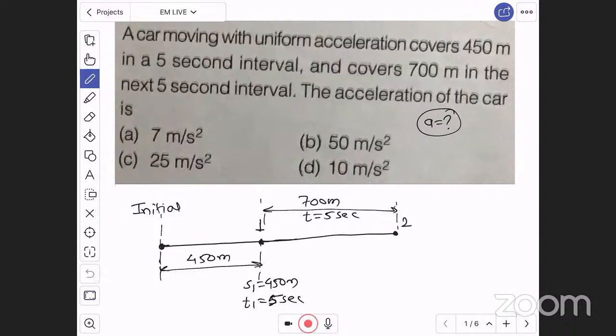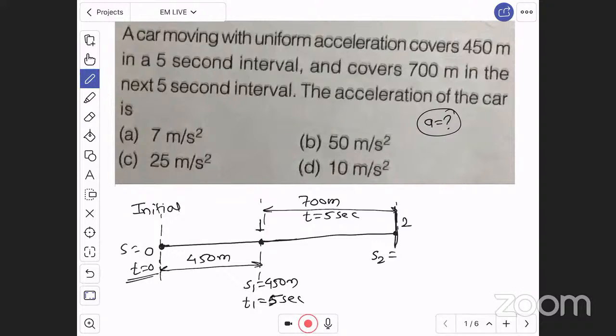Means at 2, can I say S2 displacement is, see my dear students, displacement we always have to consider from the initial position. Initial position is at 0. Here the initial position is at this 0 location, where time t is 0 second, and displacement is also 0.